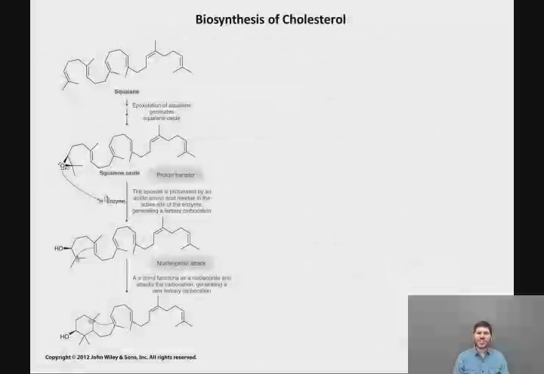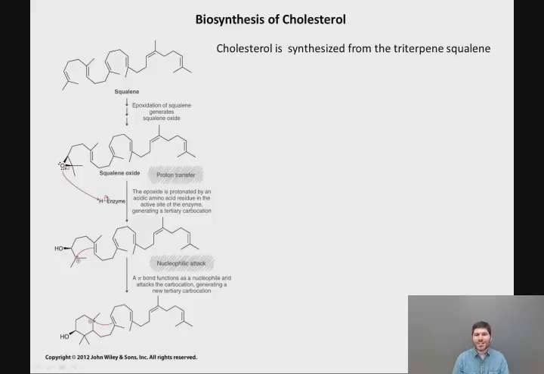I want to take just a couple of minutes to go over the very broad overview of how nature makes steroids. And I'm going to focus specifically on the biosynthesis of cholesterol because, as we know, other steroids come from cholesterol.